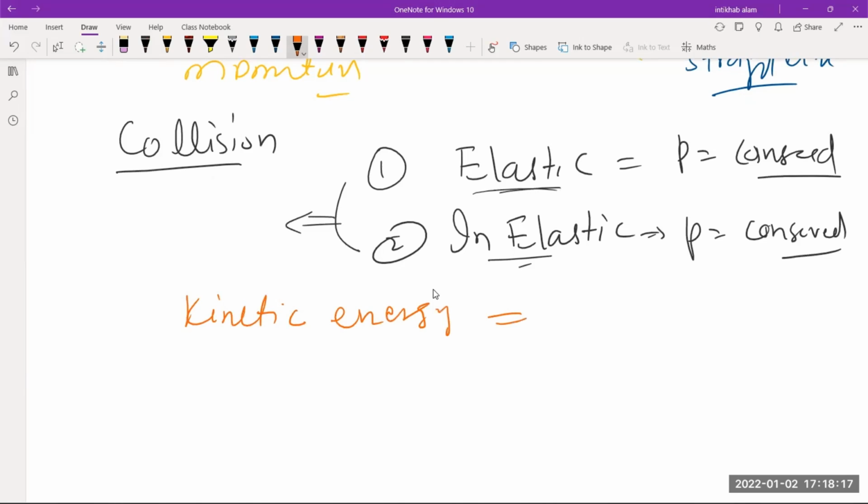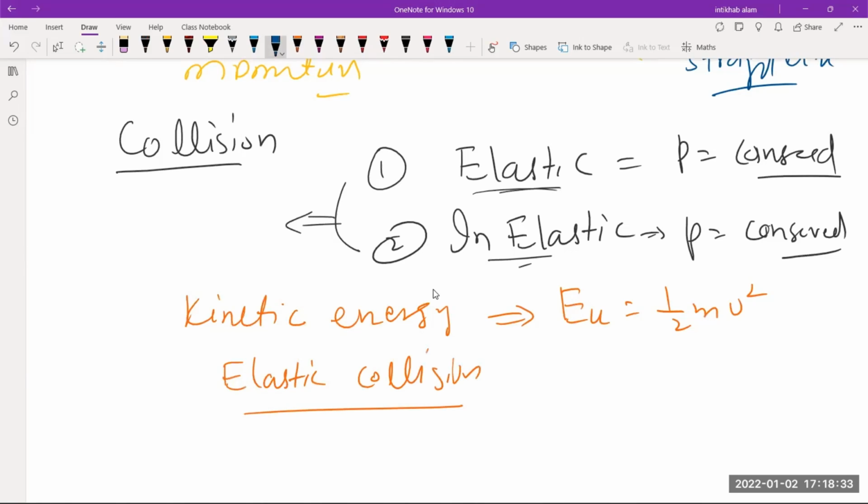Just recently we have discussed the kinetic energy. And you know the kinetic energy is Ek, and that is equivalent to half mv square. So please remember, in an elastic collision, both momentum and kinetic energies are conserved. Both momentum and Ek are conserved.